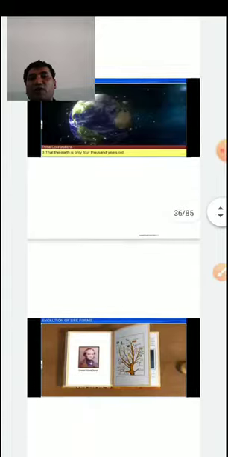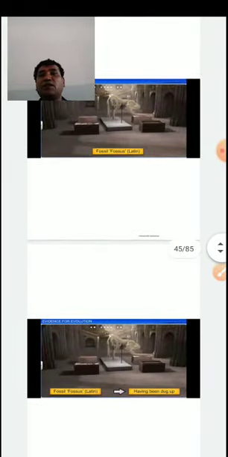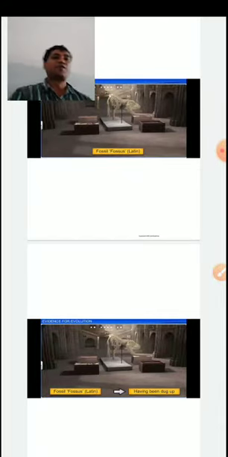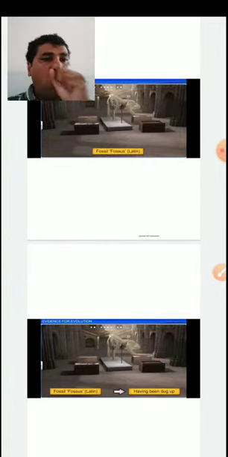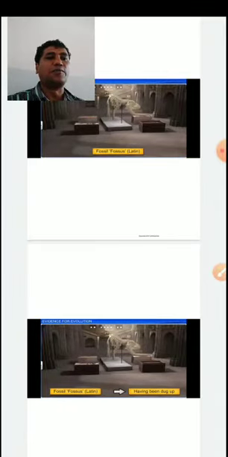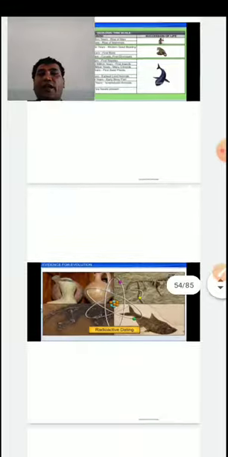When you talk about adaptive radiation, it means the process of evolution of different species in a given geographical area, starting from a point and radiating to other areas of geography. In this, Darwin's finches are the good examples.